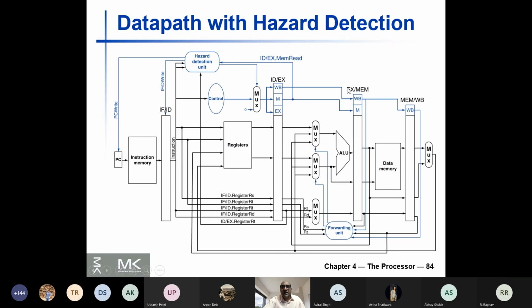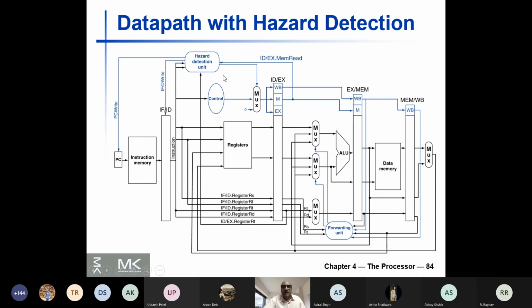So this is a datapath with load hazard detection also. Here is a forwarding circuit which is used to detect the EX hazard and memory hazards, and then forward to the appropriate multiplexers. And in case of a load hazard, there is this hazard detection circuit, which depends on ID/EX MemRead.